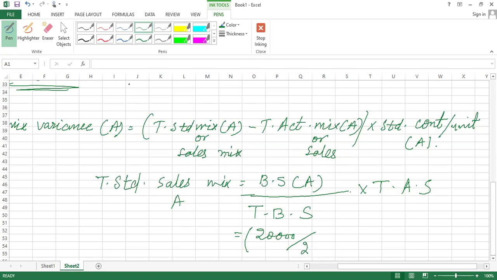Total budgeted sales is 45,000 into total actual sales is 45,500. So 20,000 divided by 45,000 into 45,500. 20,000 triple two.